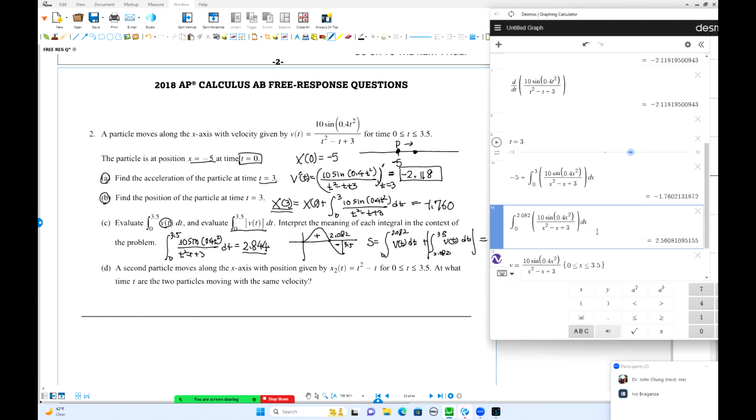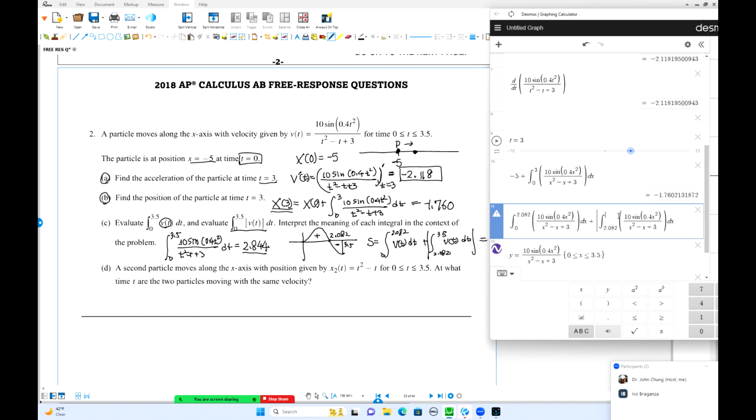Okay, this one is travel distance to the right, 2.560, okay? And this plus, so you have to turn integral, or you can make it separate and add later, okay? I'm gonna do integral, okay? So for this integral is the same side. But this time, this one is now 2.082, 2.082, and the upper limit is 3.5, okay?